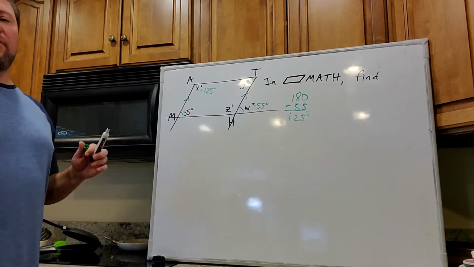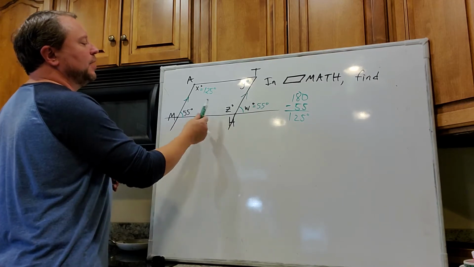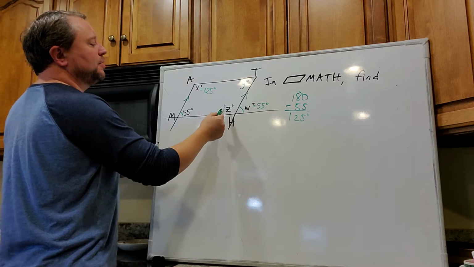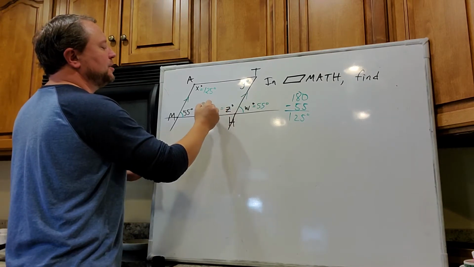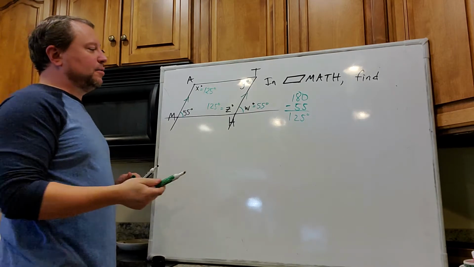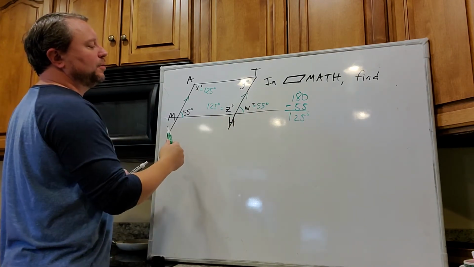By the same reasoning, this 55 and Z here have to add up to 180. So you can do the same math. This would also be then a matching 125. And you could have found that in other ways as well. You got linear pairs, 55 plus 125 would add up to 180.